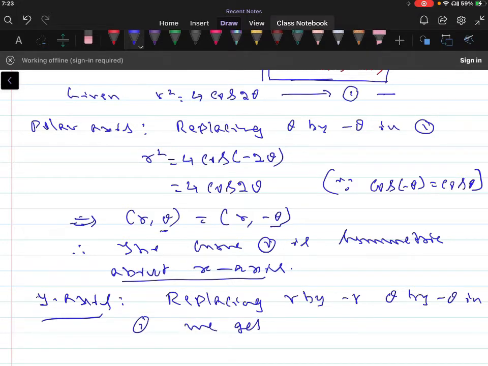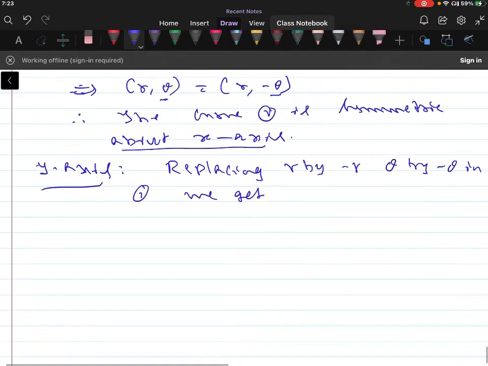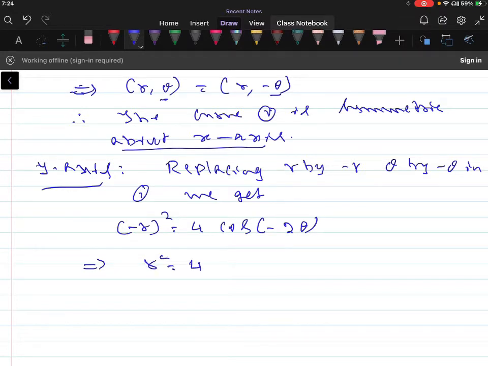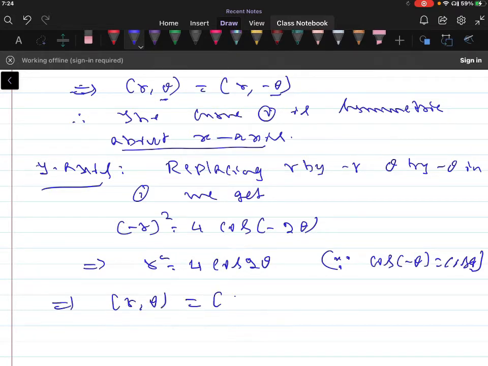We get minus r whole square is equal to 4 times cos of minus 2 theta. So this implies minus r whole square, that is r square, is 4 times cos of 2 theta, since we know that cos of minus theta is equal to plus cos theta. So this implies r comma theta is the same as minus r comma minus theta.